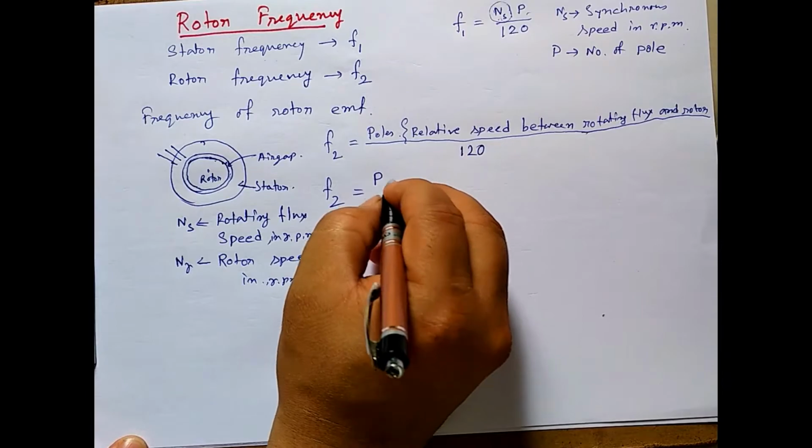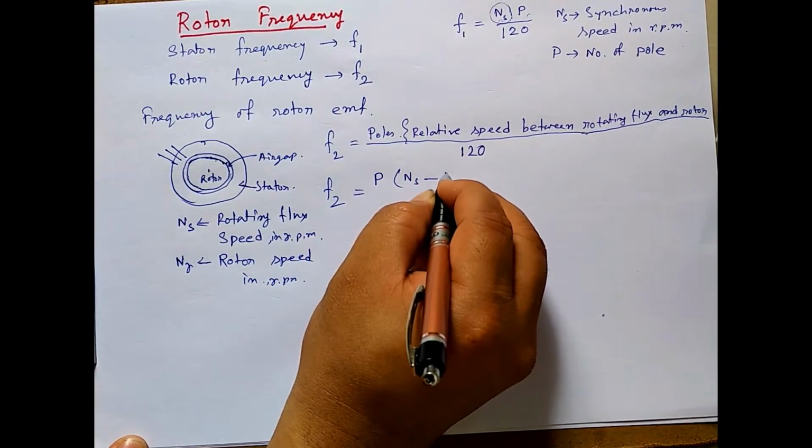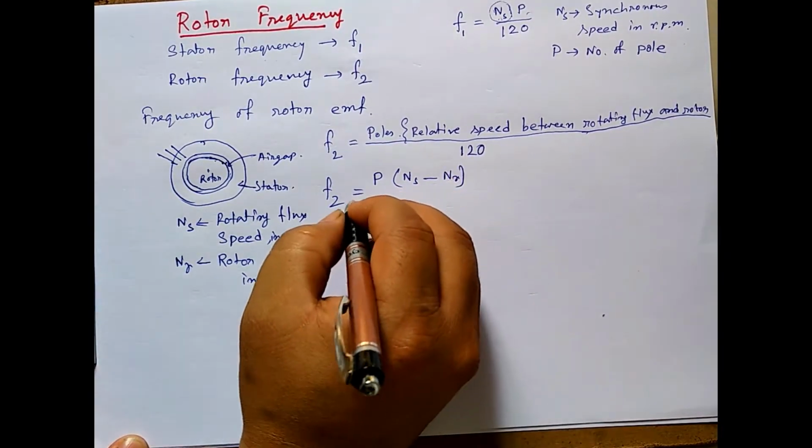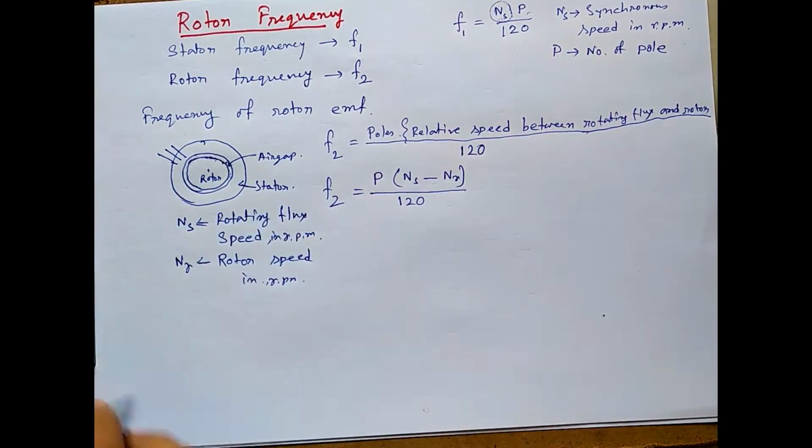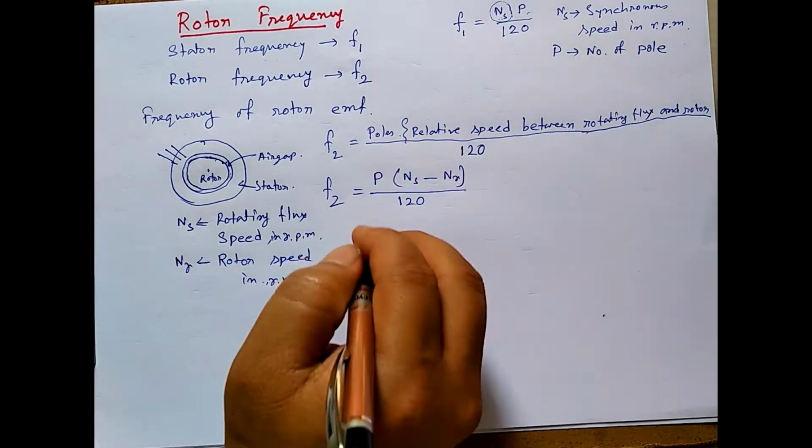So we can write Ns minus Nr, the relative speed, divided by 120.